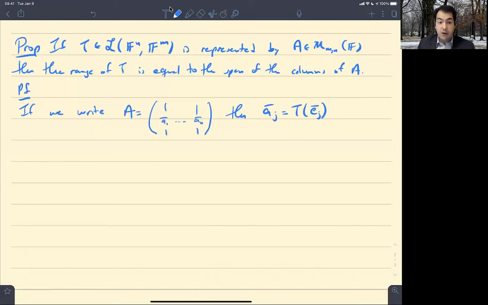So remember, we talked about how you can find the columns of the matrix representing a linear map easily, one column at a time. You just use the standard basis of Fn and plug it into your linear map, and you'll just get each column, right? So T of Ej gives you the column Aj. And that shows that Aj is in the range of T, right? The range of T is all of the things that I can write as T of something, and I've just written the column Aj as T of something.